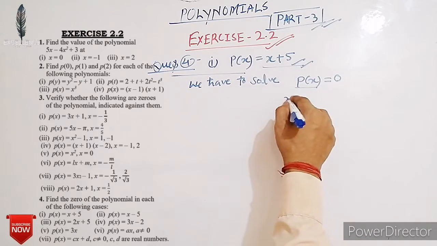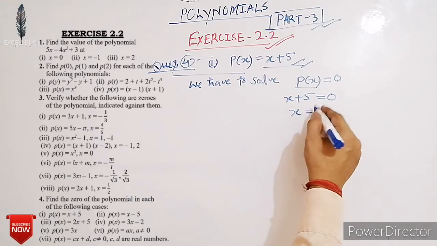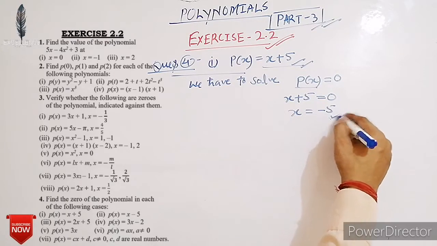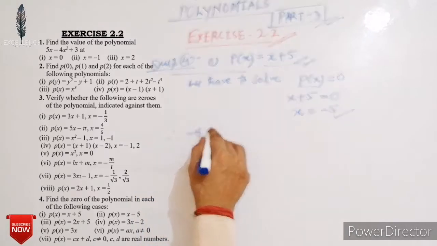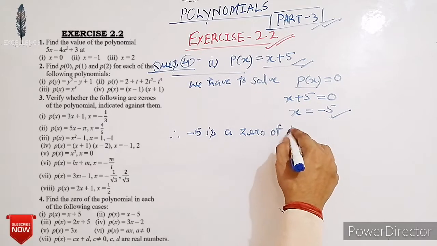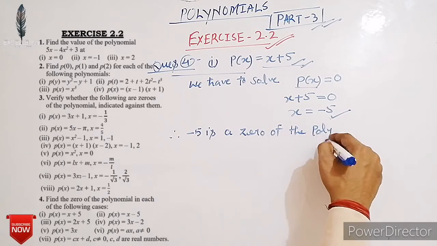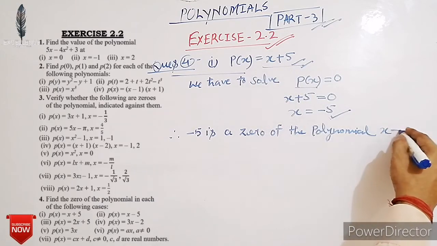Here P of x is equals to x plus 5, so x plus 5 is equals to 0. Then x is equals to minus 5. So here minus 5 is a 0 of polynomial x plus 5.